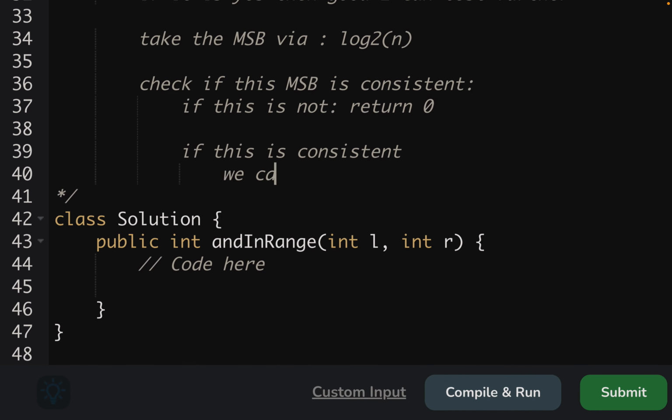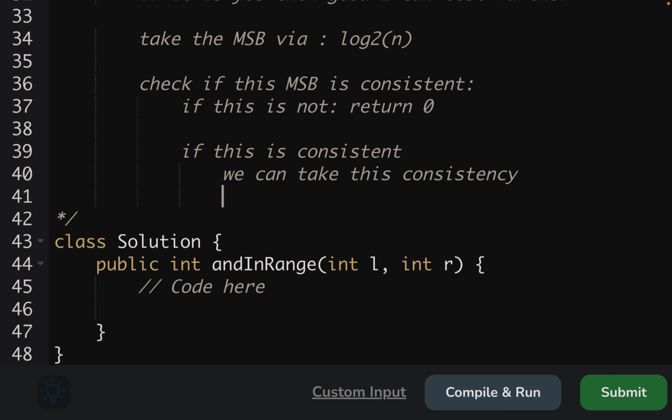We can take this consistency, because AND requires consistency, and this is giving me consistency. It's very good. Now we can take this consistency and check for numbers beyond the MSB.